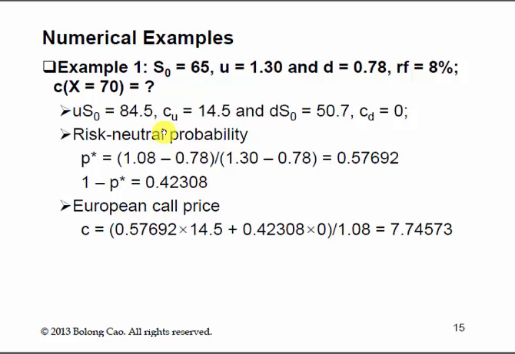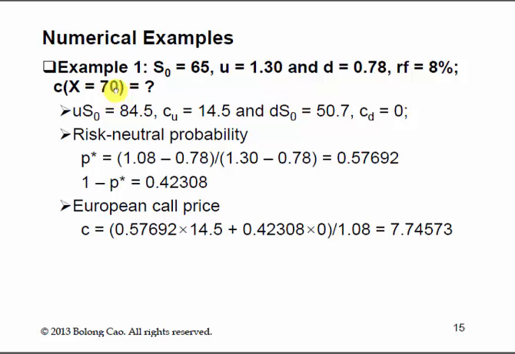And let's see what we can get. If the stock goes up after one period, it's 1.3 times 65, we have 84.5.